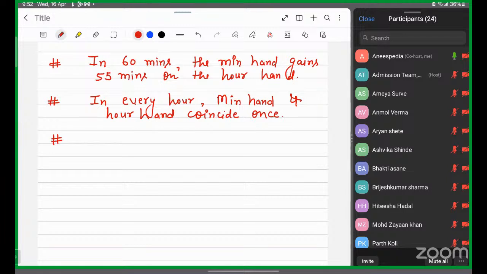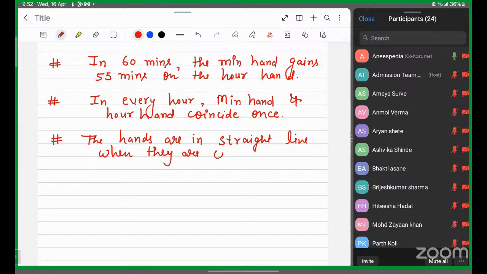Next is, the hands are in a straight line when they are coincident or opposite to each other.